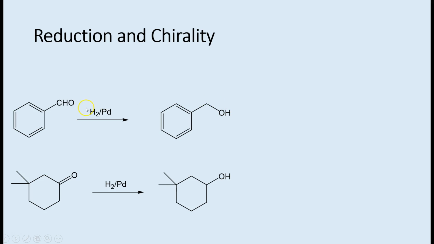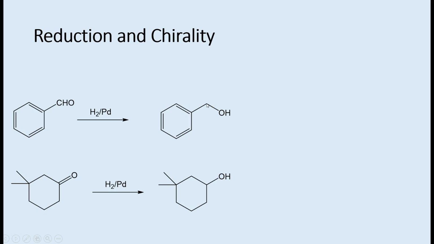Here is the reduction of benzaldehyde into what is called benzyl alcohol. And I want you to think about what's happening when we reduce an aldehyde. Anytime we reduce an aldehyde, we're making a primary alcohol. And a primary alcohol is an OH that is attached to a CH2 group.